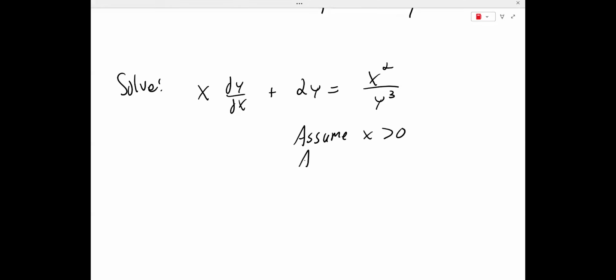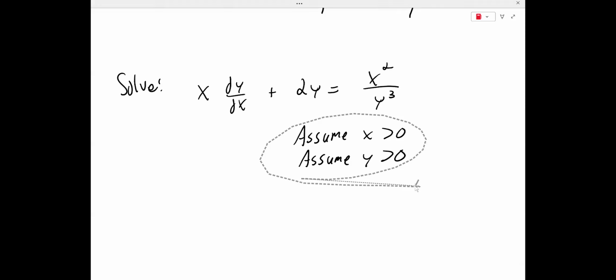And also we'll make the assumption that y is greater than 0. That avoids issues with division by zero and stuff like that. So we might use those assumptions as we go here. If we can simplify things as we go by assuming this, we'll do that.